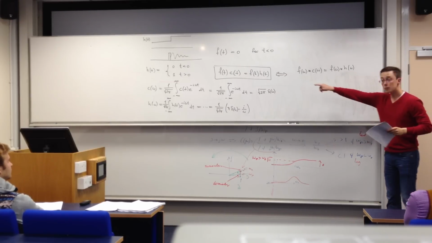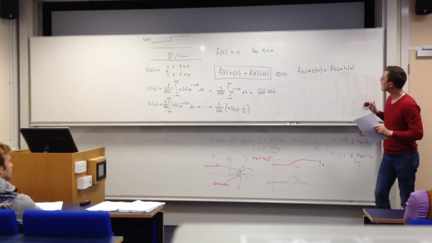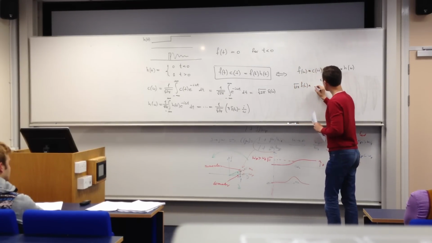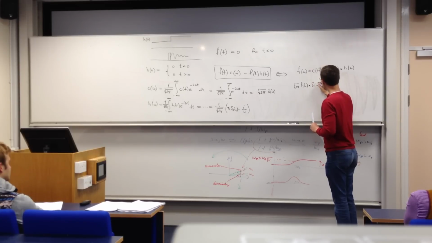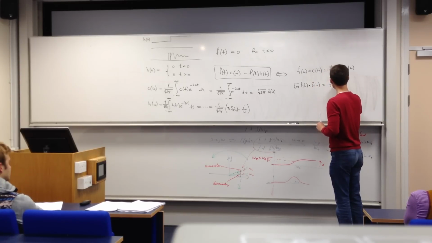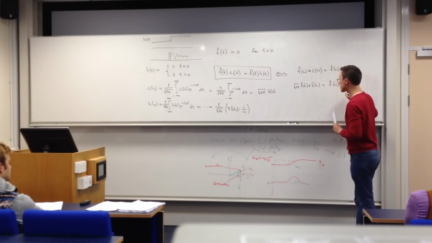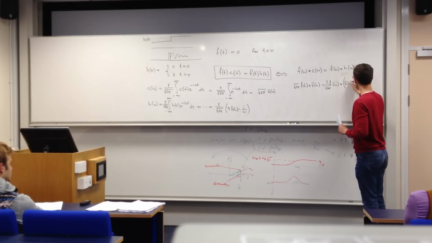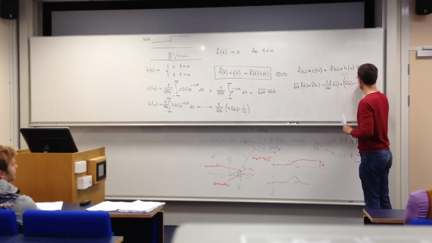Why don't we substitute those expressions and see what happens? Root 2 pi f of omega convolution delta of omega is f of omega convolution 1 over root 2 pi, delta of omega minus i over omega.